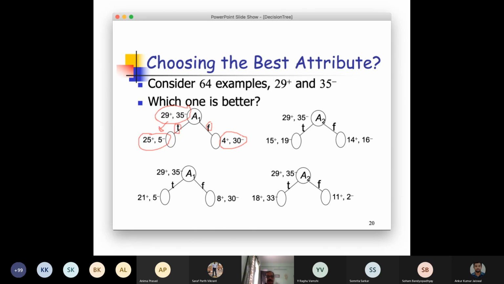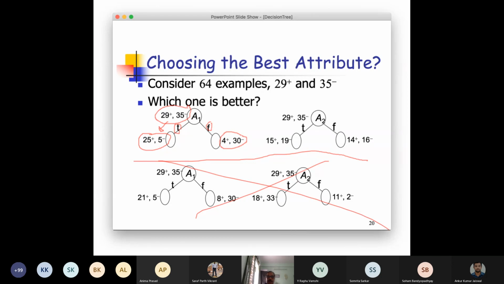Similarly, you also have the conditions of A2. Now, this is a different example, so don't look at it right now. Okay? You just consider these two situations. At this point, with respect to A1 you have this distribution, and with respect to A2 you have this distribution. Now you can compute the entropy.